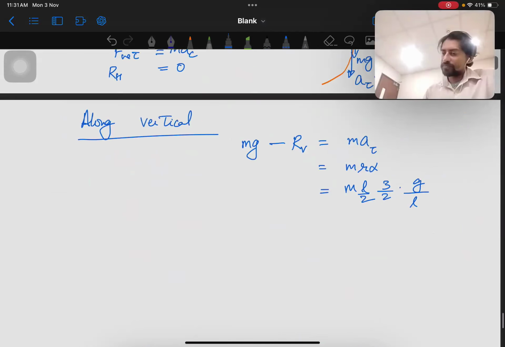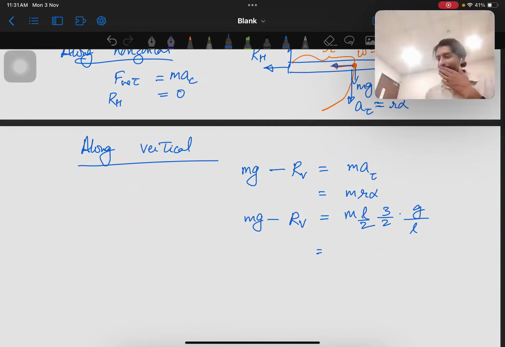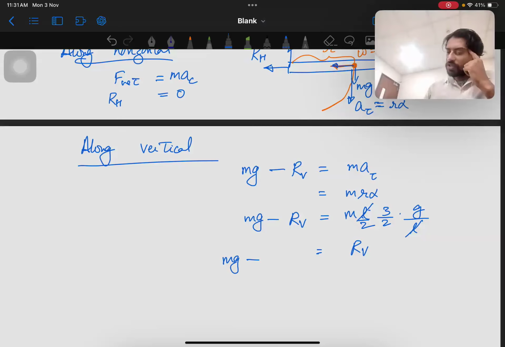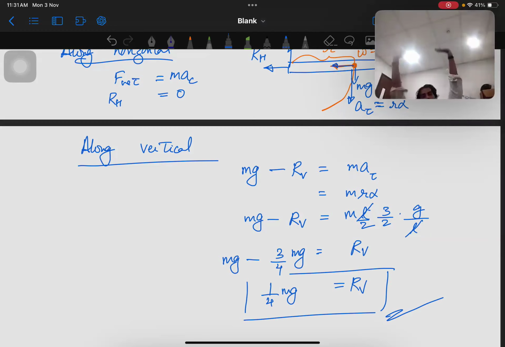Fine. On the left hand side, mg minus RV. So how much is the value of RV that you get? mg minus 3 by 4 mg, which is 1 by 4 mg. This is your RV. Important. Conceptually very important this one is.